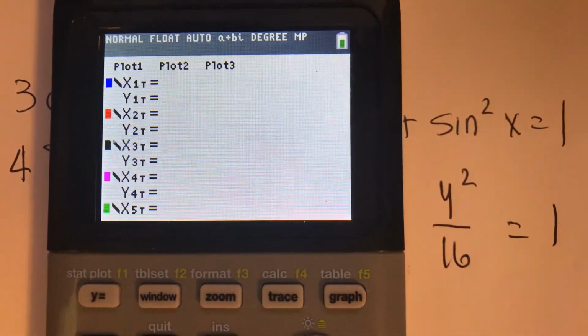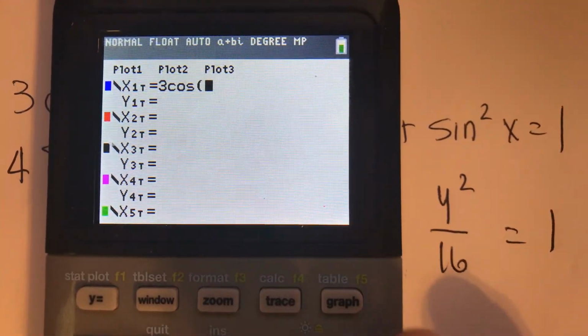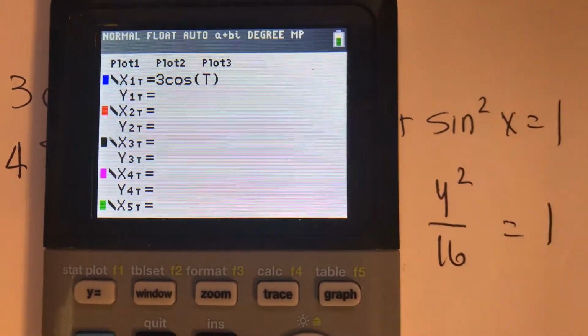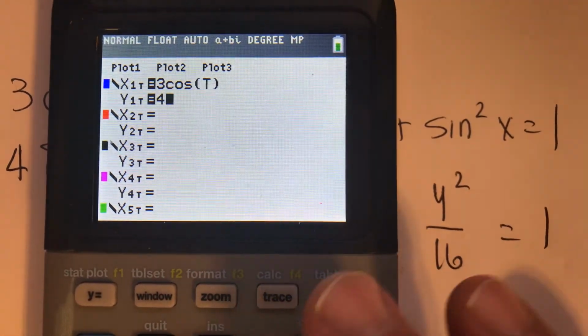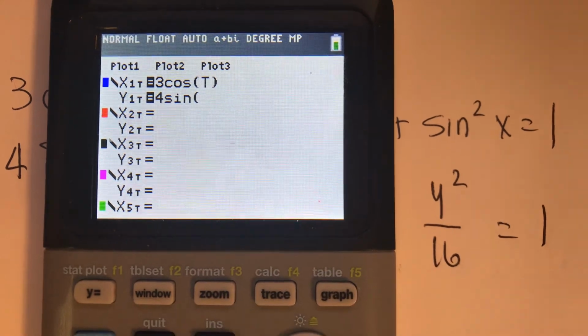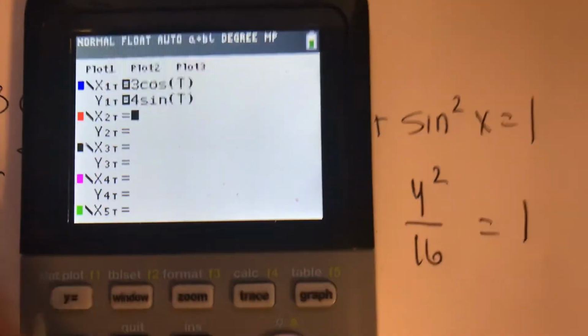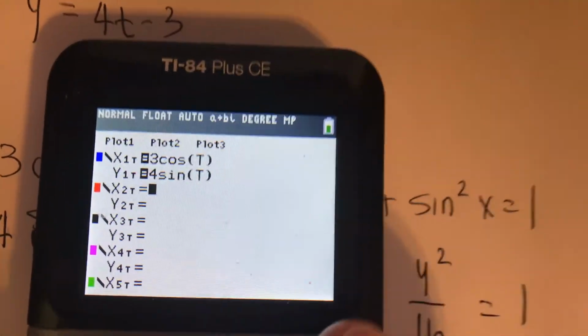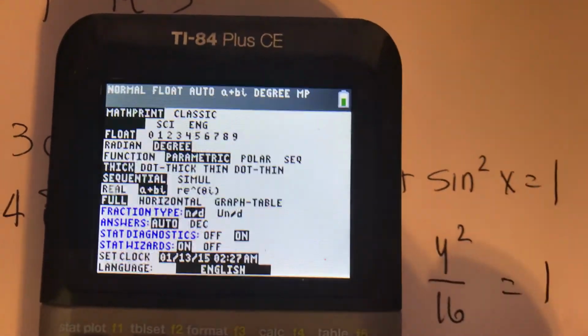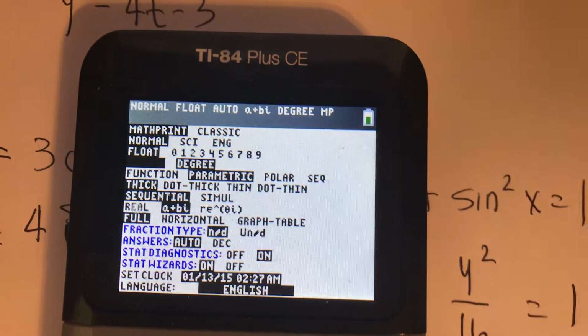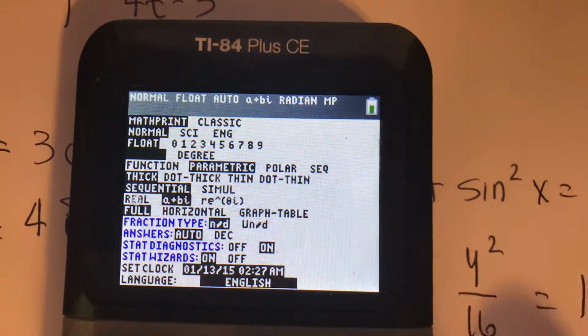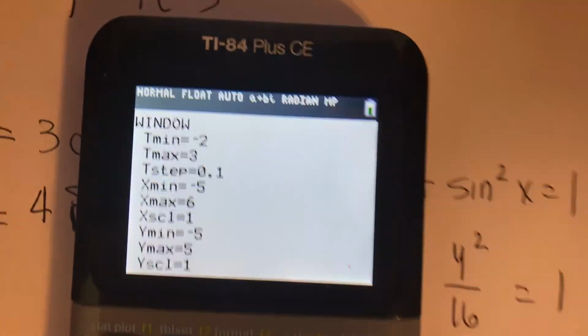I've got 3 cosine t. I got 4 sine t. I also need to make sure I'm in radian mode, because when I graph sine and cosine, I need to be in radians. Okay. Now I got to fix my window.